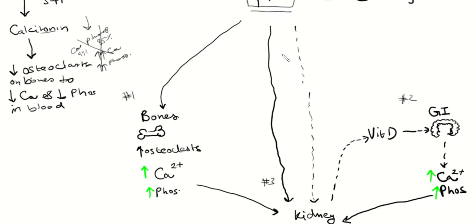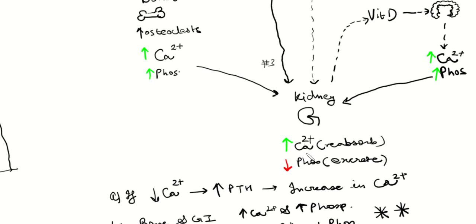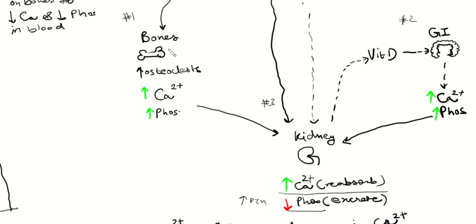Otherwise, it's always a mystery as to how this is regulated. In the kidneys, increased parathyroid hormone causes reabsorption of calcium from the urine into the blood. So it increases calcium level. However, increased parathyroid hormone causes increased excretion of phosphorus, so it actually decreases the phosphorus in the blood. Okay, so again, if you see bones and GI, parathyroid hormone, lots of calcium, lots of phosphorus.